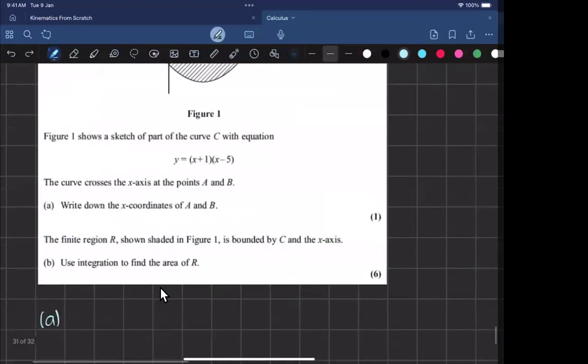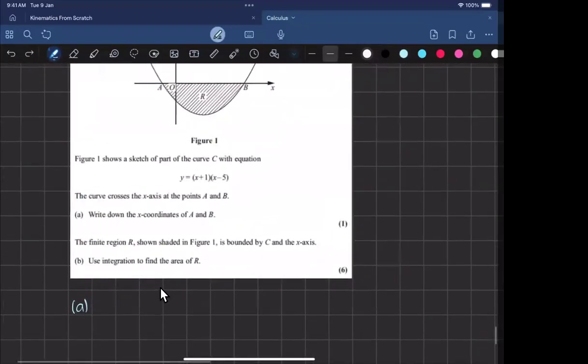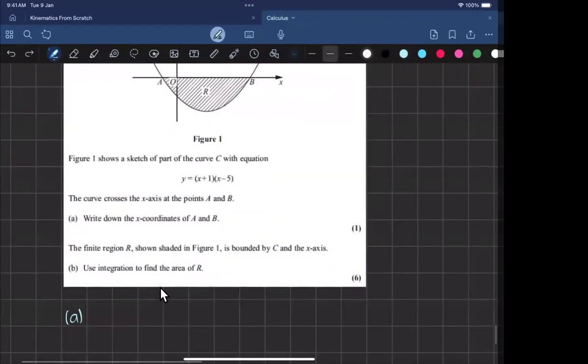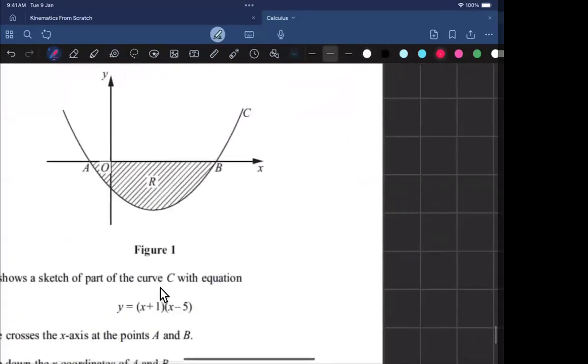Right, so for A, Aliyah, just explain it to me quickly. So we have a curve, that's a quadratic equation. All curves are quadratic equations. Now they said that y was equal to x plus 1 by x minus 5, and they want us to figure out A and B. What do we call A and B? A and B are the what?